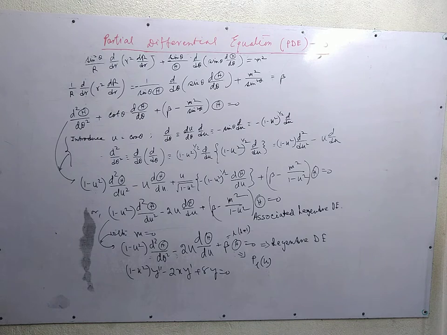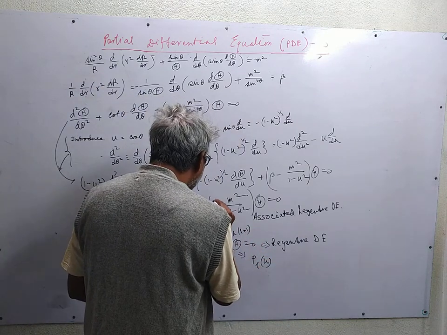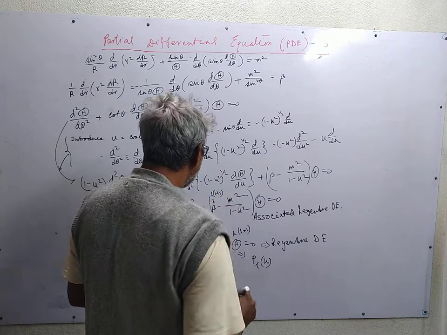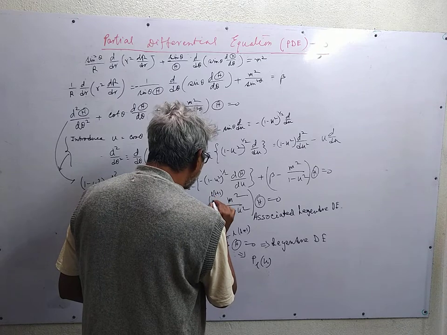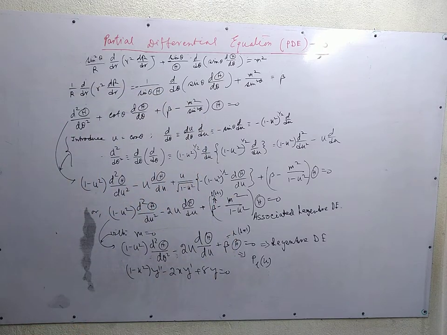So the same nature is being carried over to the associated Legendre differential equation. So beta has to have this quantized value, so that the solution is finite even on the z axis.